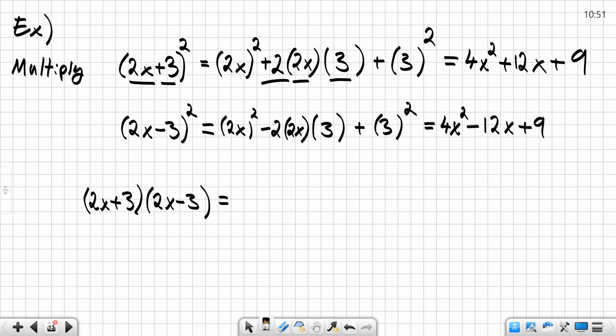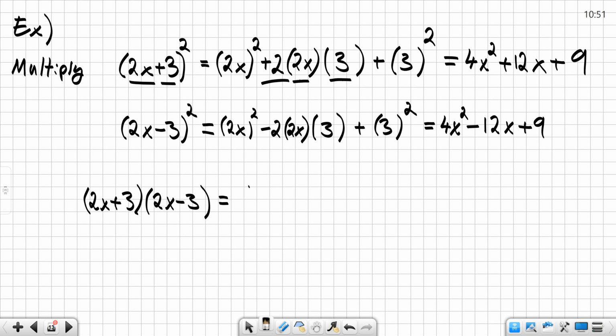All right, let's do the last one. This is (2x + 3) times (2x - 3). So this is very special. 2x and 3, 2x and 3 in both cases. One has a negative, the other one has a positive. If I had written it the other way, it would have been the same problem. Multiplication is commutative, it can be reversed. 2 times 3 is the same thing as 3 times 2.